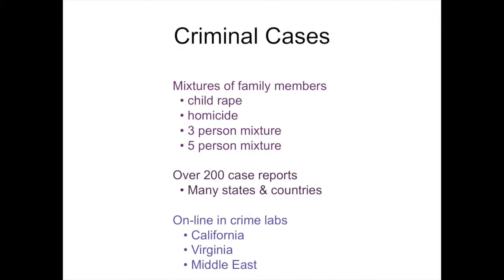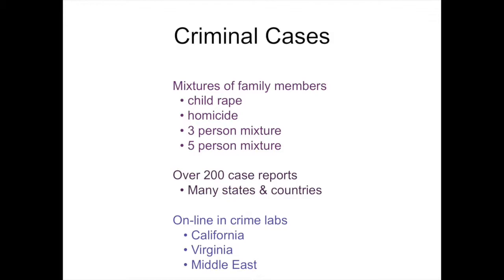We've received a variety of cases recently, including mixtures of family members that encompass offenses of child rape, homicides, 3 or more person mixtures, and TrueAllele was able to separate out these mixtures of family members into their component genotypes. TrueAllele has also been used on a high-profile multiple homicide case here in Australia to separate out a 5-person mixture of family members because no other technology in the world could do that.